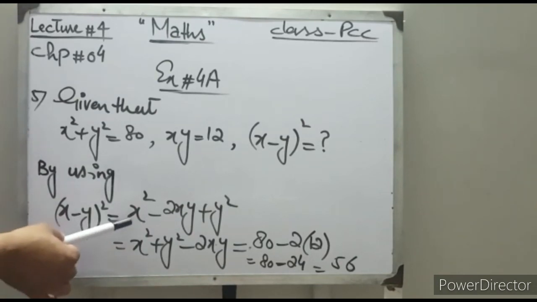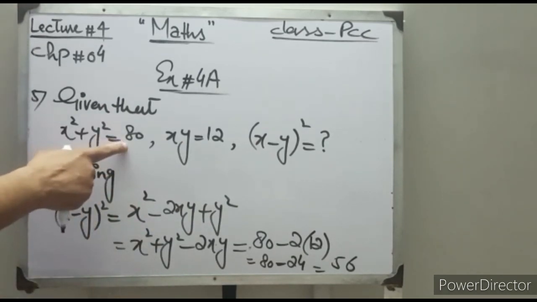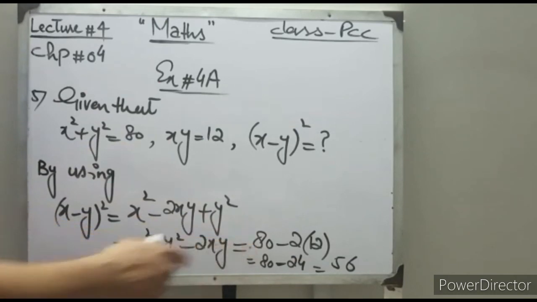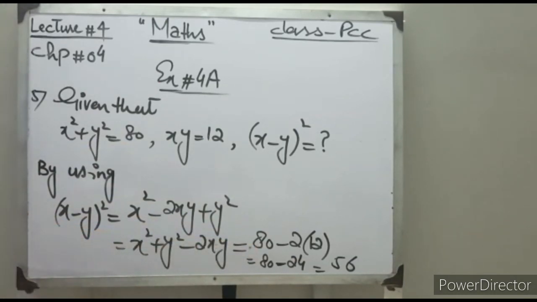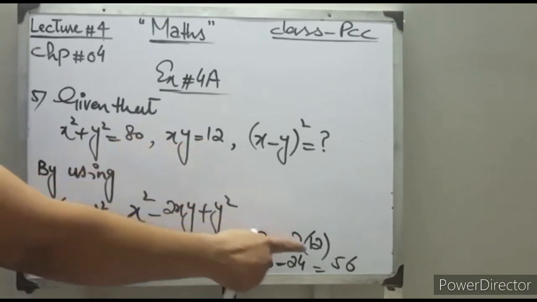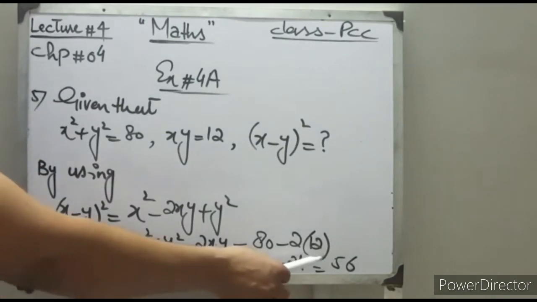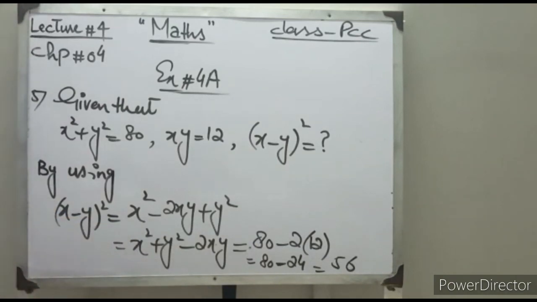Arrange the values, combine x square plus y square, then minus 2xy. We have the value of x square plus y square, which is 80. Write 80 instead of x square plus y square, minus 2 times xy. The value of xy is 12. Multiply 2 by 12, we will have 24. Now 80 minus 24 will make 56. This is the final answer of this question.